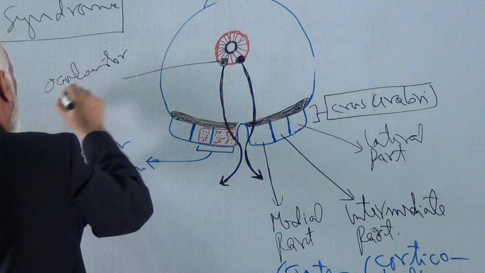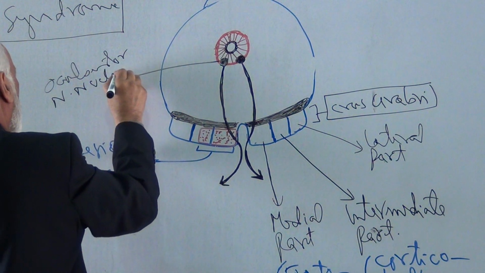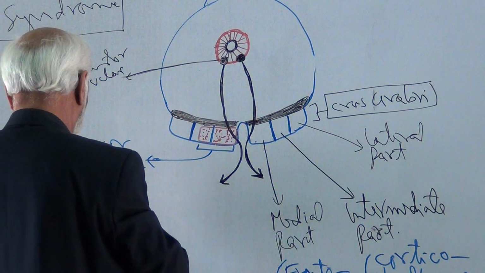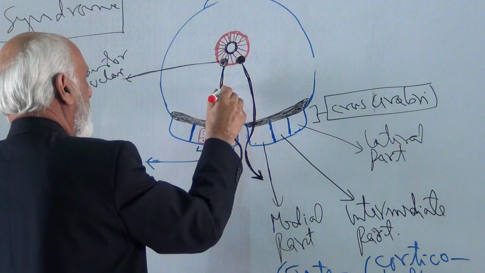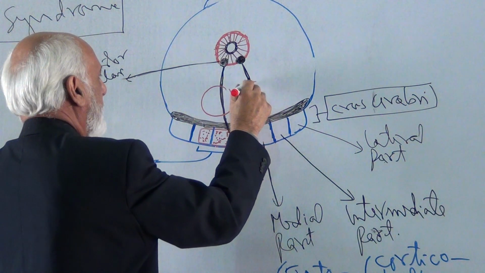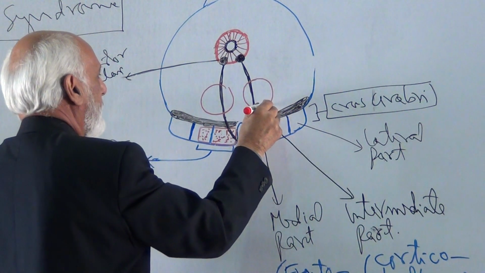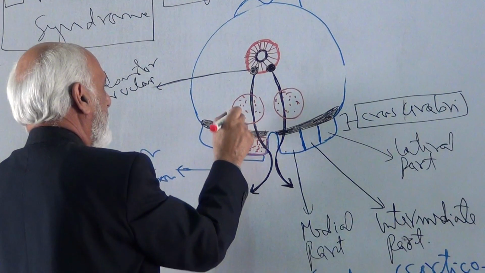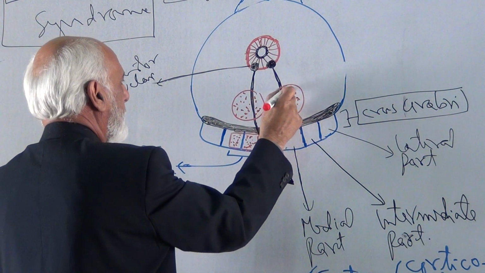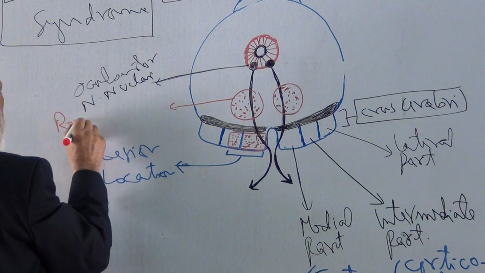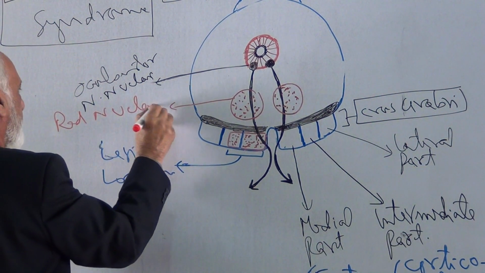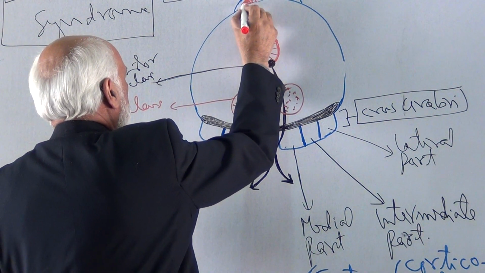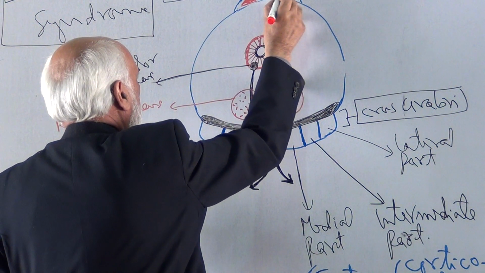Oculomotor nerve nucleus. Here, red nuclei. This is a section through the midbrain at the level of the superior colliculi. Red nucleus. The nuclei of the superior colliculi, right and left.